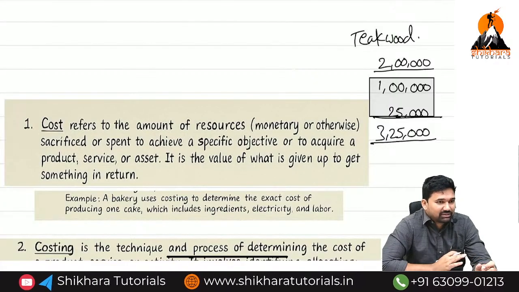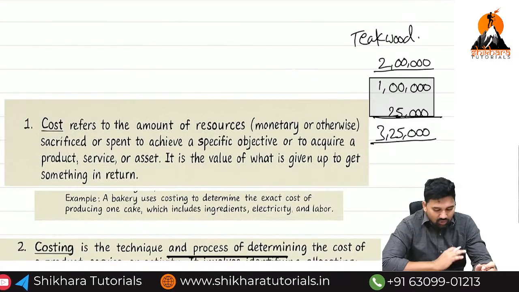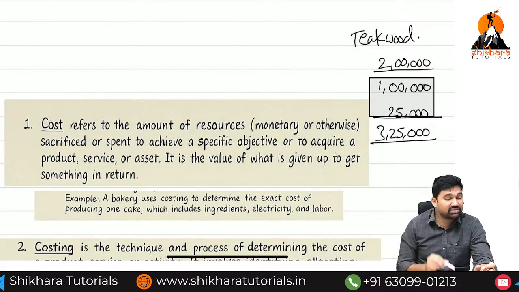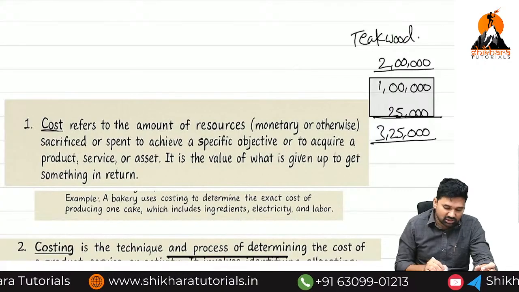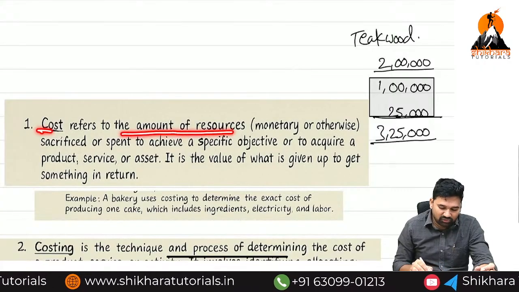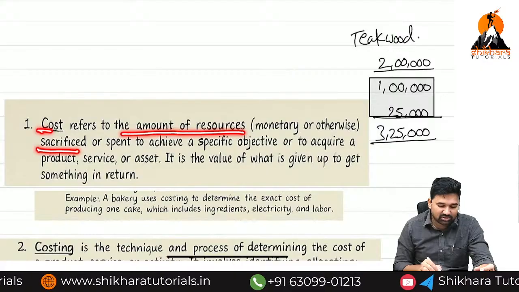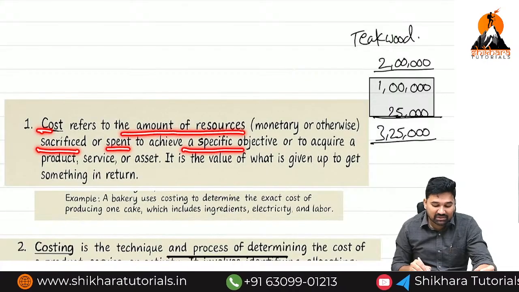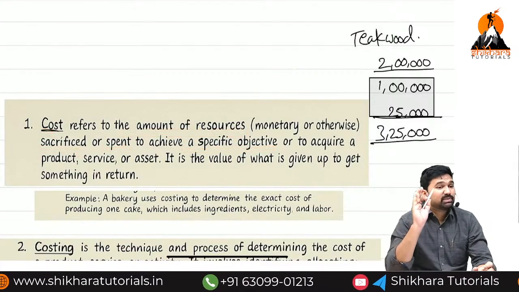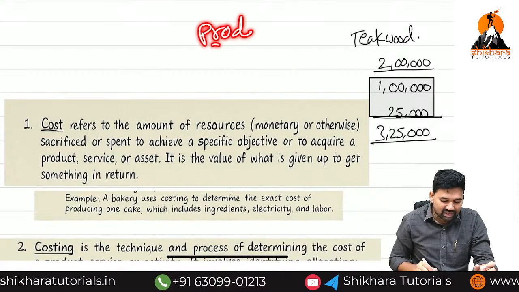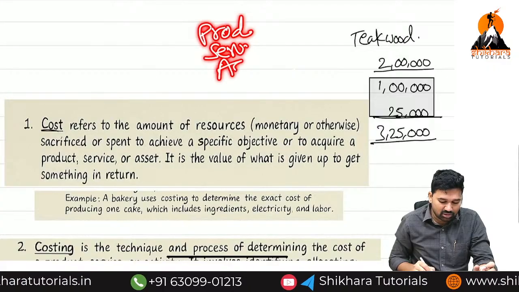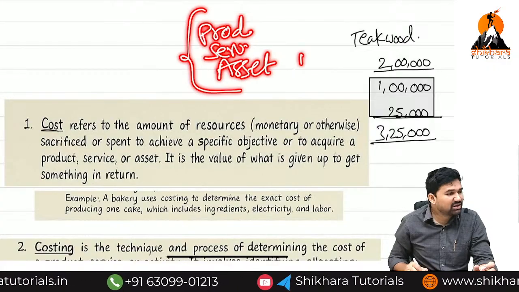Are we clear? Okay. So once again we will read the definition. This is very important. Cost refers to the amount of resources sacrificed or spent to achieve a specific objective. That specific objective may be producing a product, rendering a service, or acquiring an asset, whatever it may be.